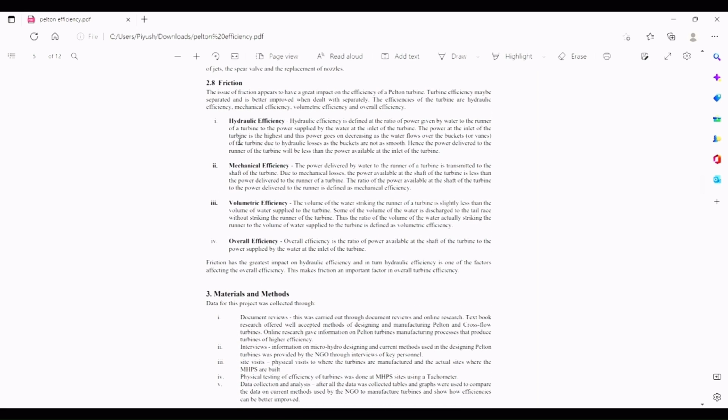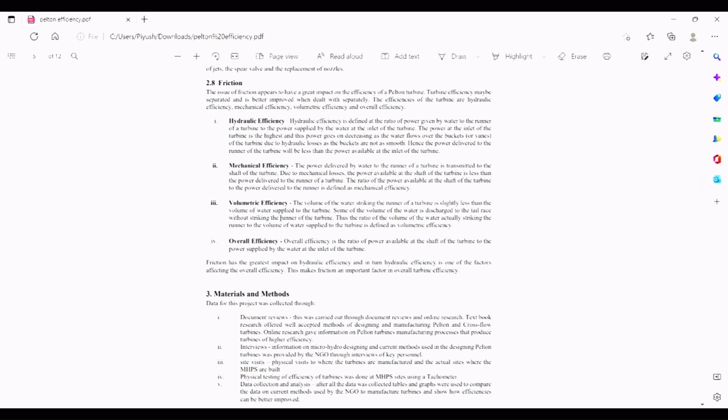Now the efficiency is classified into hydraulic, mechanical, volumetric and overall efficiency. Power at inlet of a turbine is maximum and it gets reduced as water flows over the bucket due to the hydraulic loss. Due to the mechanical losses, the power available at the shaft of the turbine is less than the power delivered to the runner of turbine.